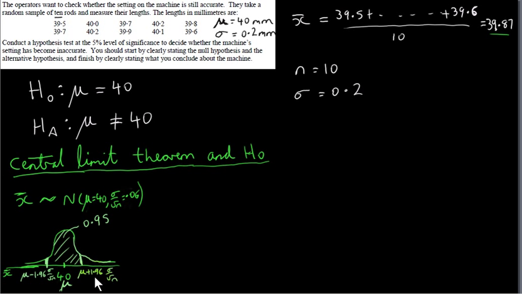Sometimes that 1.96 is rounded to 2, but I leave it as 1.96, it's more accurate. Roughly speaking, we would say that 95% of the values lie within 2 standard deviations of the mean. The standard deviation here in this case is actually sigma over root n. It's not sigma. This normal distribution has a standard deviation of sigma over root n by the central limit theorem.